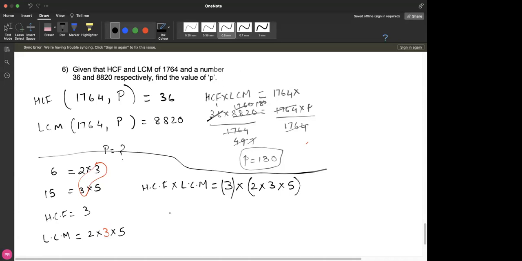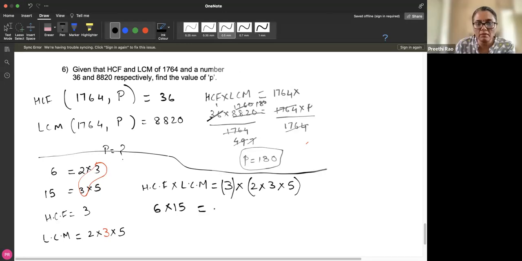In this example, we have 3 in the HCF and 3 once in the LCM. So if you multiply both, it will contain both 3s and all the non-common factors in the LCM. So if you multiply the numbers, you are basically multiplying the factors.